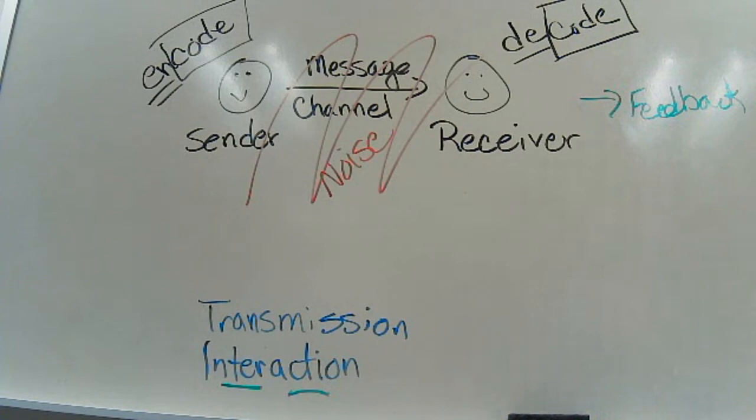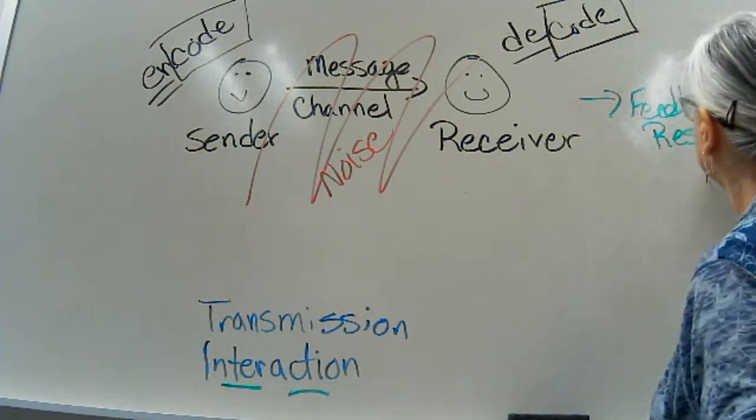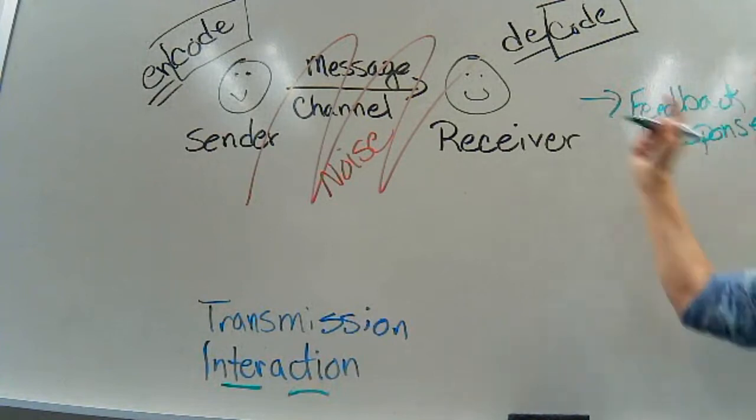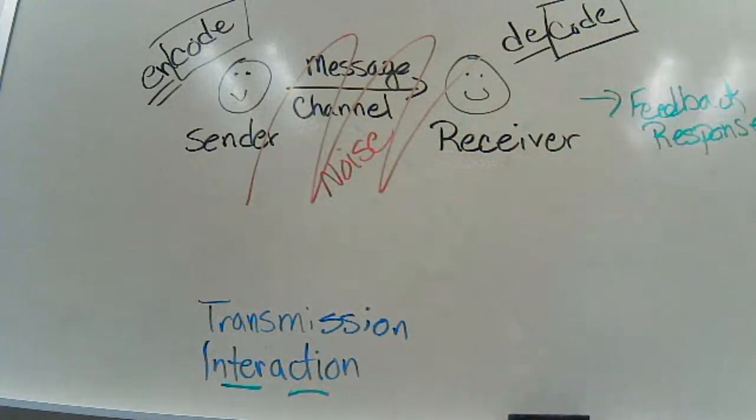But there's going to be a response that is communicated to the sender. So the sender is going to know if the message was received accurately, correctly, with the intent, all of the message or just parts of the message, etc. So that feedback element is very, very important.